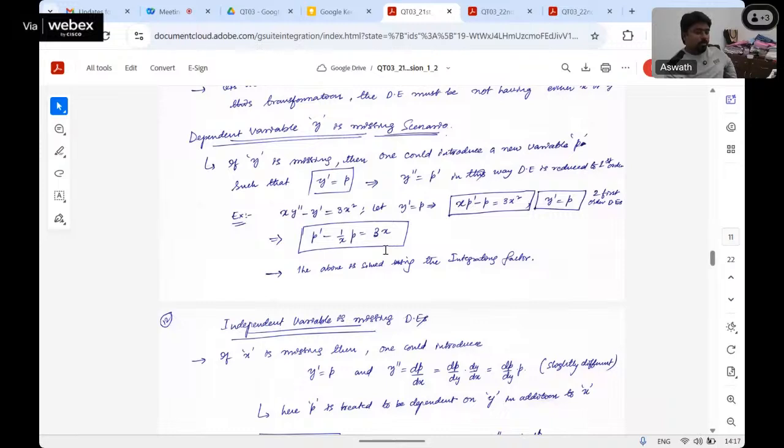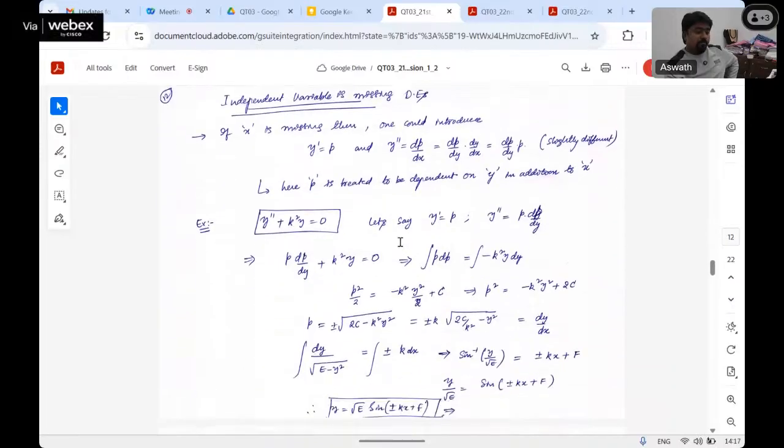Fine. So now we will see one example. Okay, for example, if I have x missing in a differential equation, in that case we'll introduce y prime is p and y double prime is p into dp by dy.